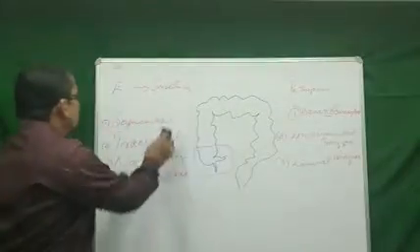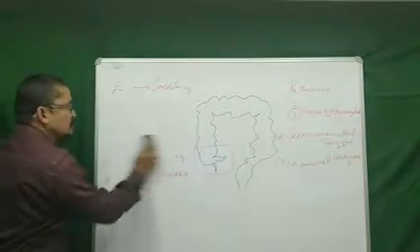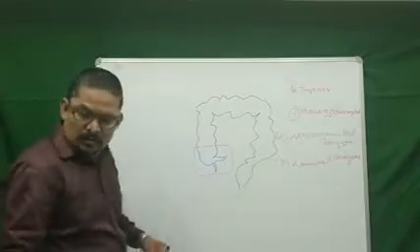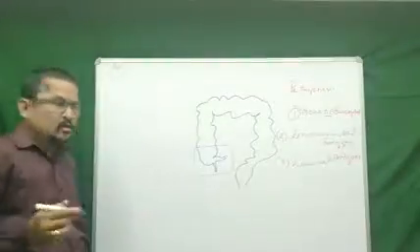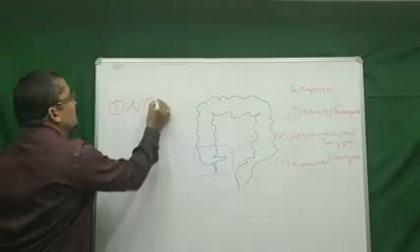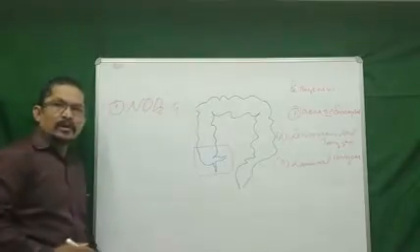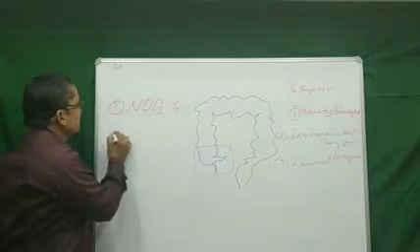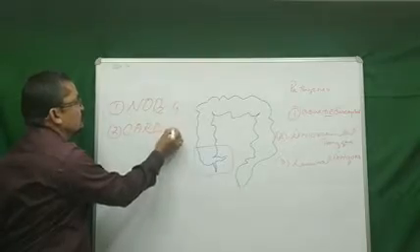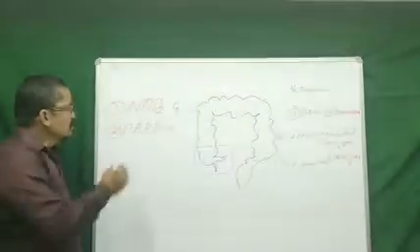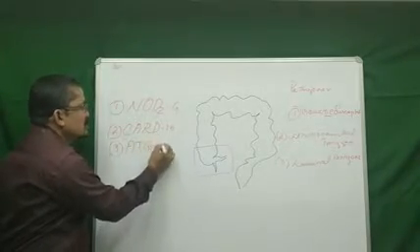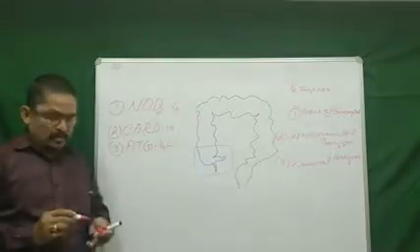There are specific genes significantly involved in the production of Crohn's disease. These genes are named as number one, NOD2 gene, then number two, CARD15, then ATG16L1.